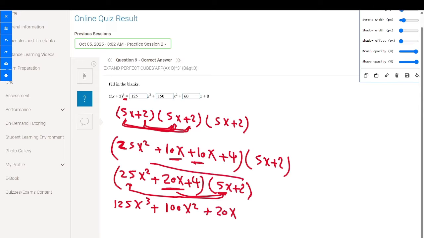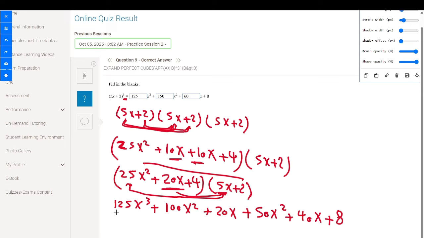Now take 2. 2 multiply 25x squared will be equal to 50x squared. 2 multiply 20x will be 40x, plus 2 multiply 4 equal to 8. Now let's simplify this one.